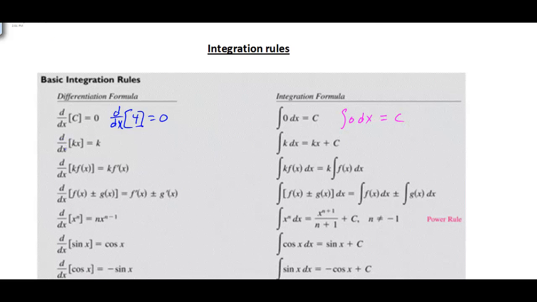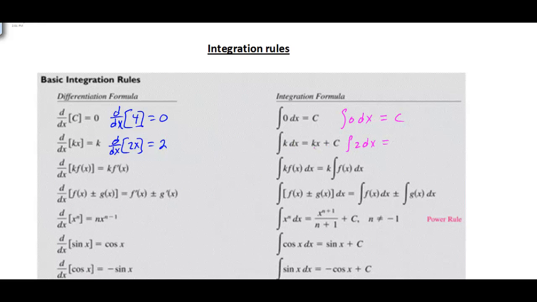All right, so over here on the left, if we take the derivative of k times x, and k is representing your constant, so for example, if we have d dx of, let's say, 2x, then we know the derivative would simply be 2. Well, if we look at the integral of k dx, for example, the integral of 2 dx, then we're integrating a constant.